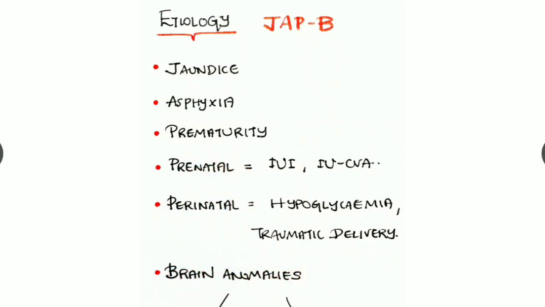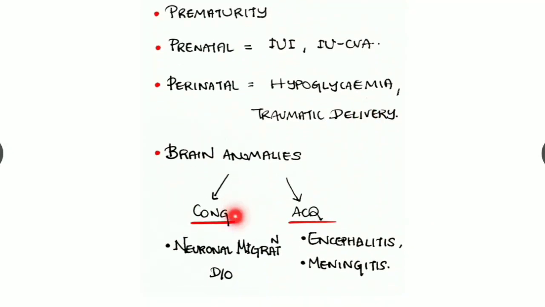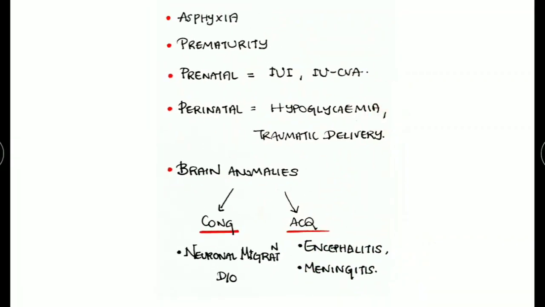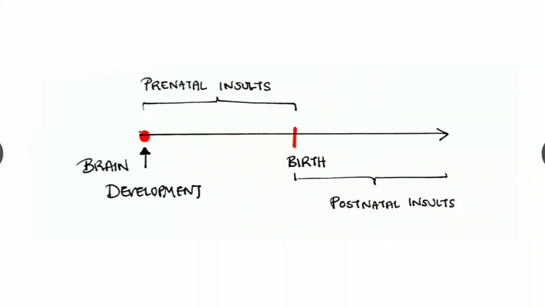Prenatal causes like intrauterine infections, intrauterine cerebrovascular attack; perinatal causes like hypoglycemia, traumatic delivery, etc. Brain anomalies can be of two types, congenital and acquired. Congenital like neuronal migration disorders, and acquired like encephalitis and meningitis. These are the common etiology, where prematurity is the most common cause.